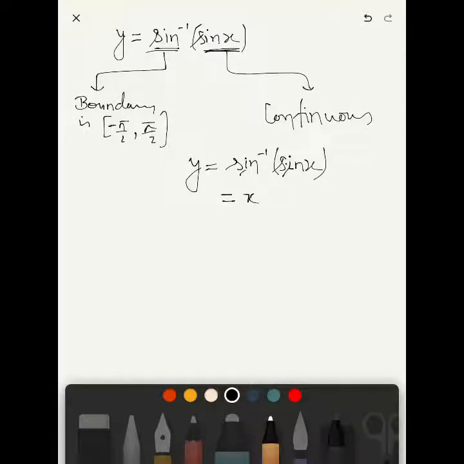This happens when x belongs to the principal domain, that is minus pi by 2 to pi by 2, isn't it? So this is your first impression. So we will draw the graph of first impression, that is y equals to x.